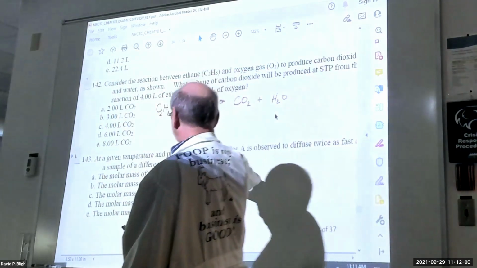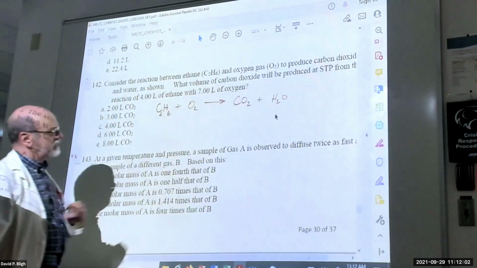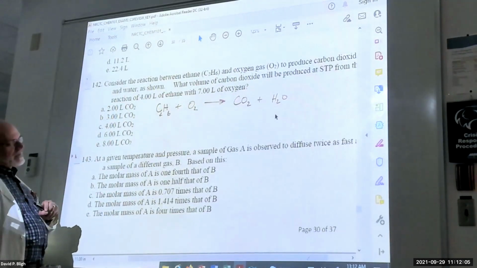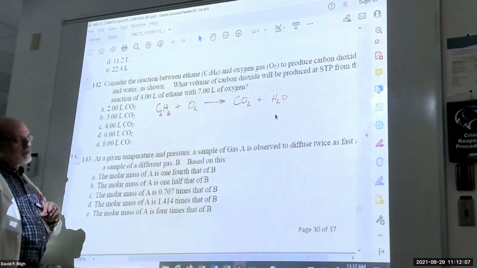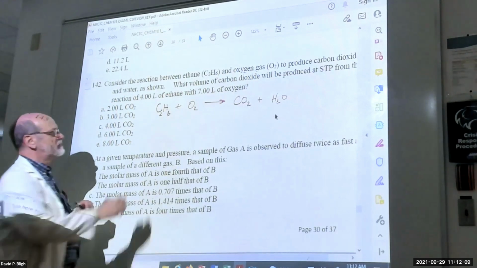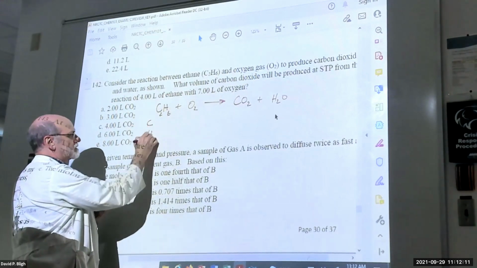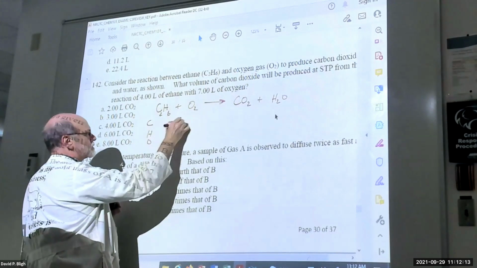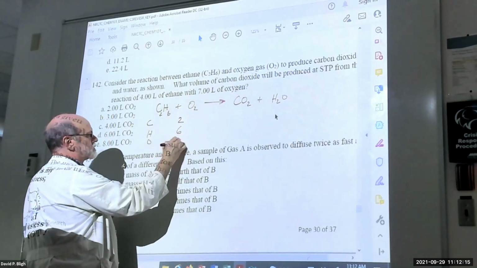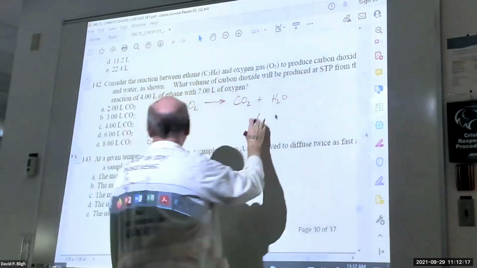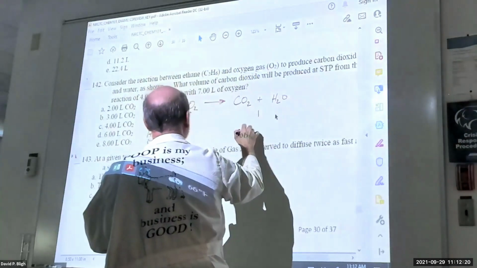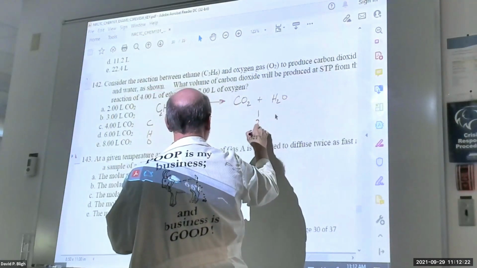All right. So let's see. I don't think there's any easy way to do this. I'm going to go to the budget. So we've got carbon, hydrogen, oxygen. On this side, we've got 2 carbons, 6 hydrogens, 2 oxygens. On this side, we have 1 carbon, 2 hydrogens, and 3 oxygens.